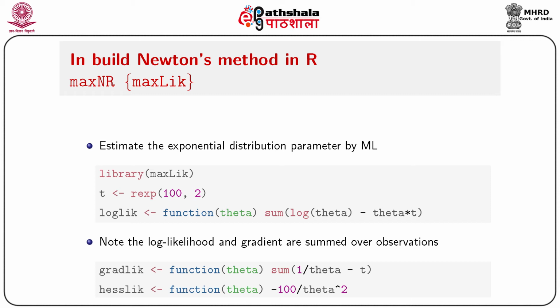Then the log likelihood is a function of theta, sum of log theta minus theta times t. Note the log likelihood and the gradient are summed over observations. The gradient of the likelihood is a function of theta, sum of 1/theta minus t, and the Hessian of the likelihood is a function of theta, minus 100 divided by theta squared.